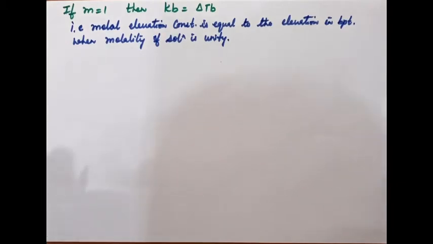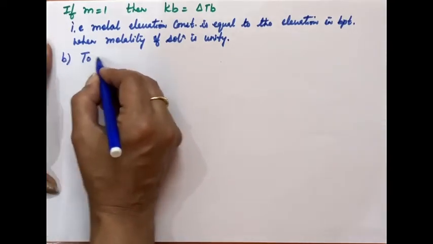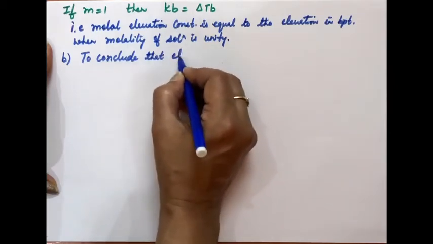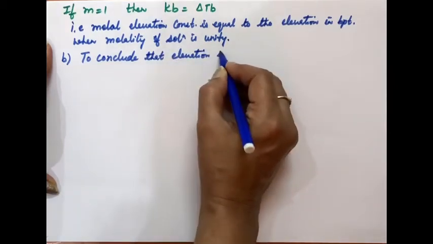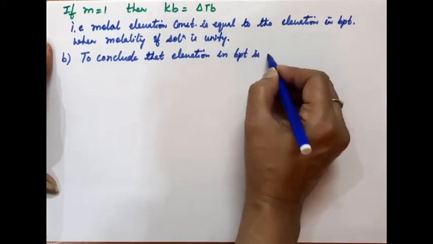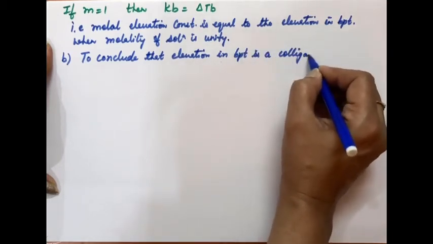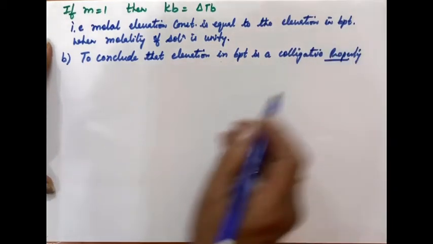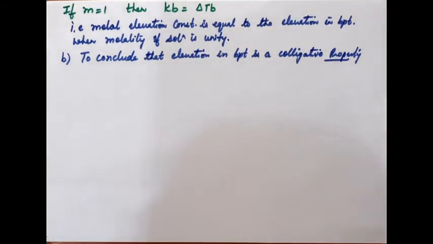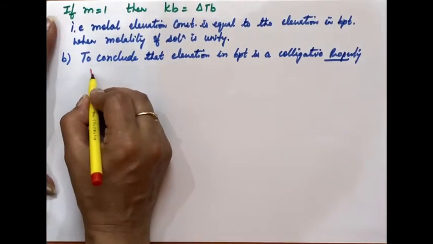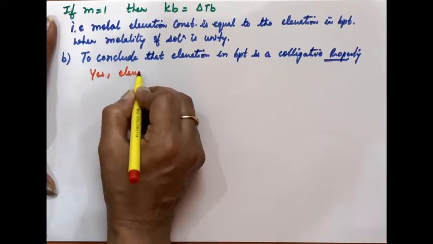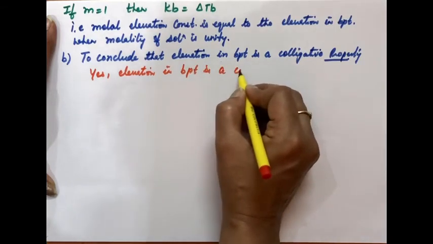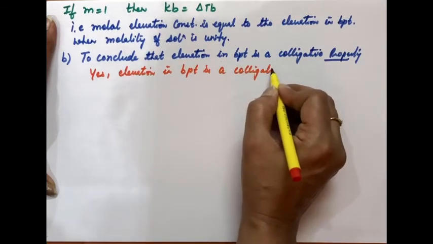Now moving on to the second part here, that is we have to conclude that elevation in boiling point is a colligative property. Now since this depends on the molality, and molality is number of moles, means particles, so we will say yes, elevation in boiling point is a colligative property.